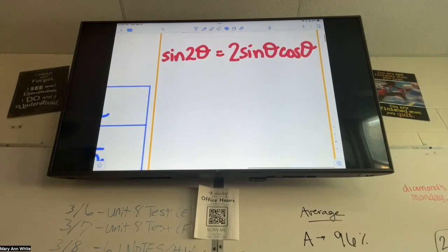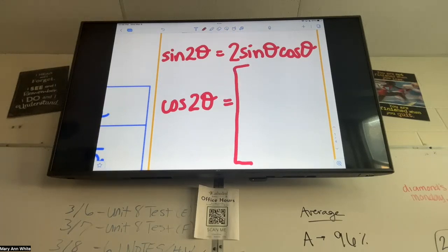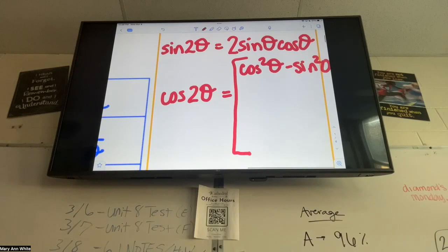All right, for my cosine ones, I actually have 3 different ways to do cosine double angles. So the first way is cosine squared theta minus sine squared theta. The next way is 1 minus 2 sine squared theta.